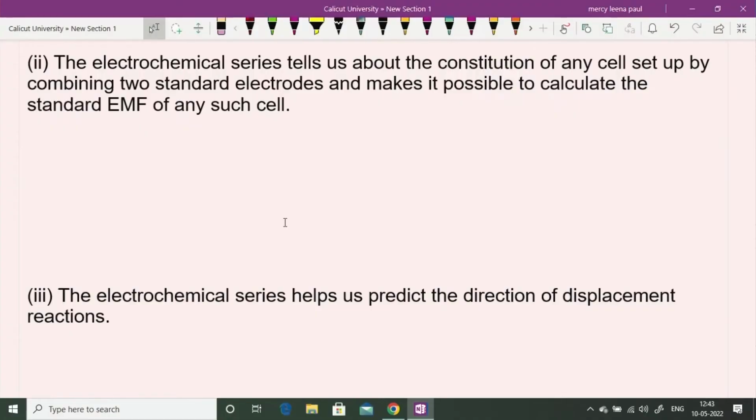Next, the electrochemical series tells us about the constitution of a cell combining any two standard electrodes. You can take any two standard electrodes and say which electrode undergoes oxidation and which one undergoes reduction just by looking at the standard values, and so how to construct a cell, which will be the anode and which will be the cathode.